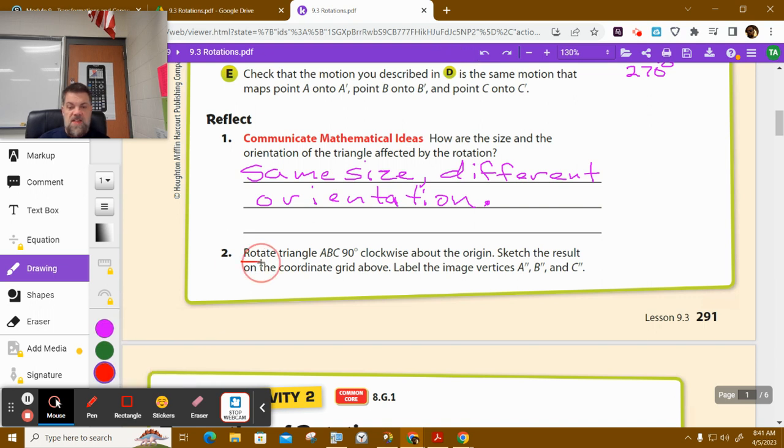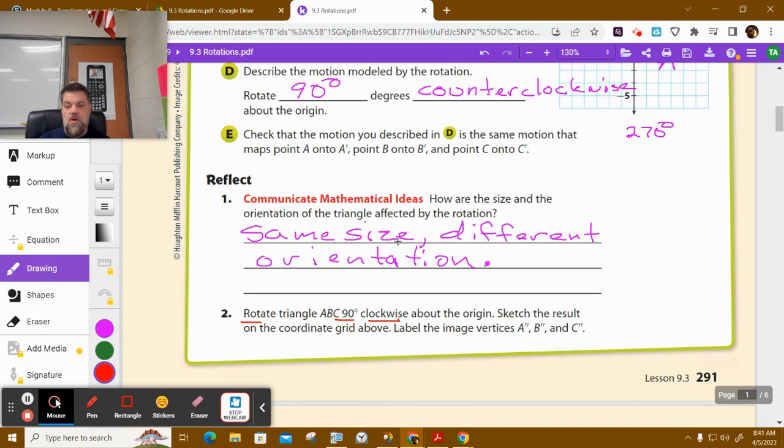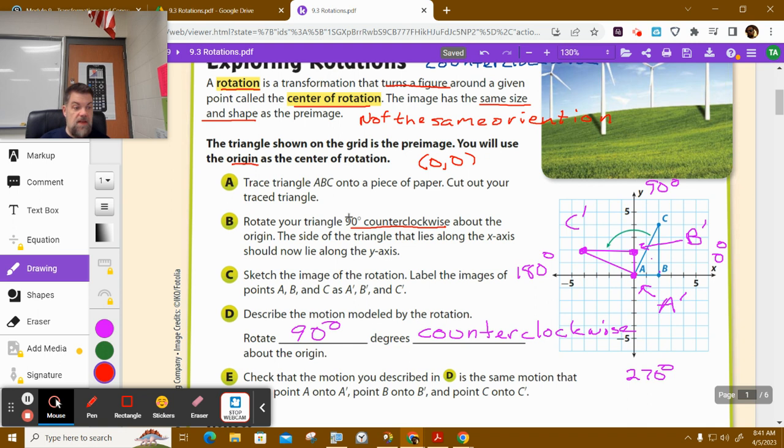Let's rotate ABC 90 degrees clockwise, and we'll call it A double prime. Well, guess what? A prime and A double prime are the same because that's our center of rotation. Now, to go clockwise, that means I'm going to rotate this way. So right here is B double prime.